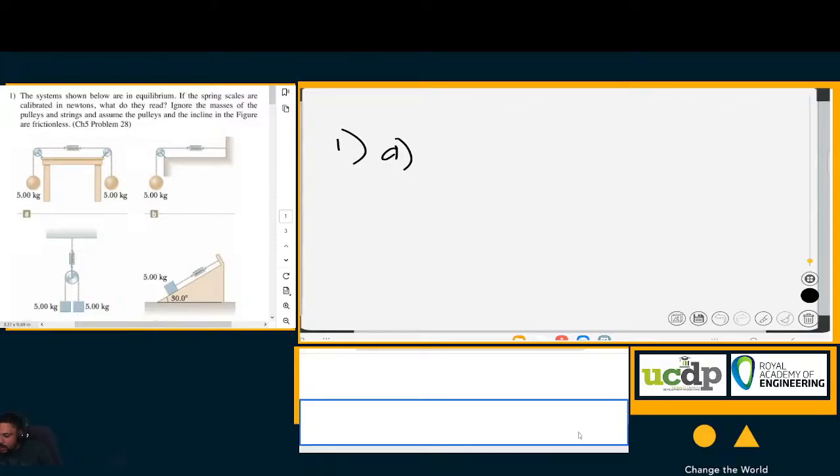If those forces are in equilibrium, that means the sum of the forces must be equal to the mass times the acceleration. That is Newton's law.